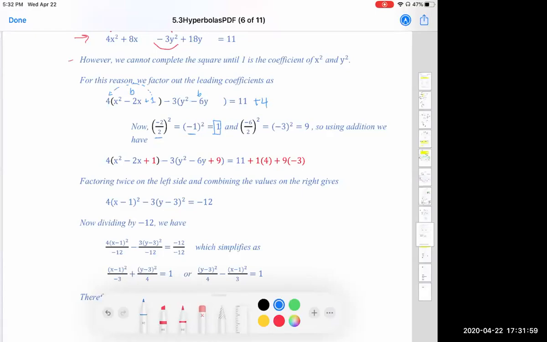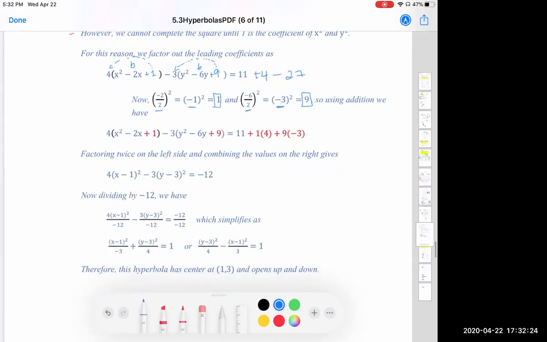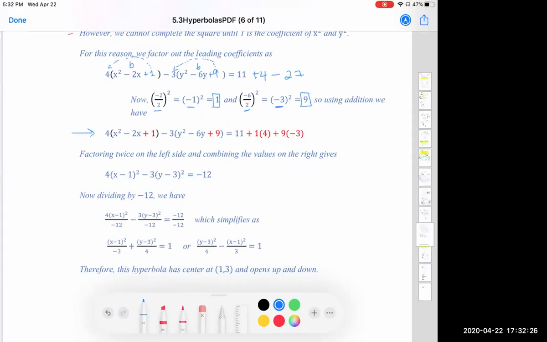For our y's, we have 6 divided by 2 squared, which gives us negative 3 squared. So we're going to add a 9, and that gets us 3 times 9, 27. And we have this word highlighted here in red.